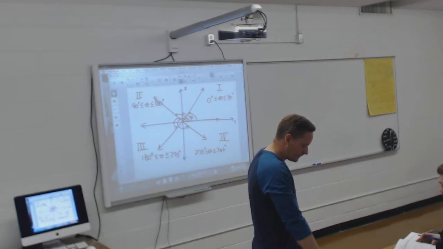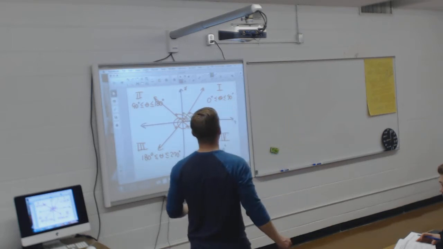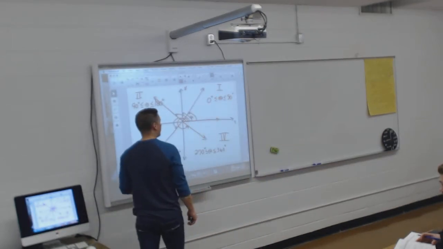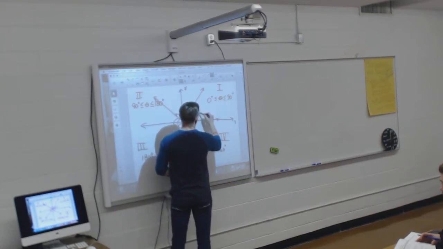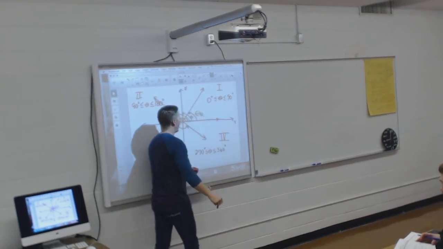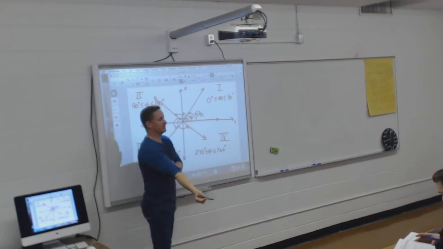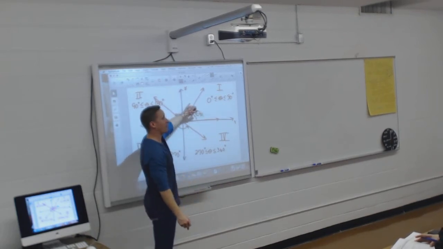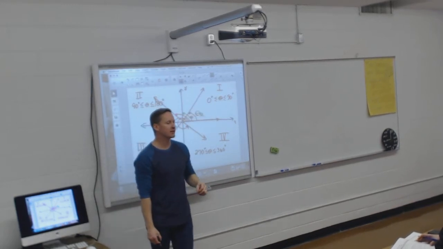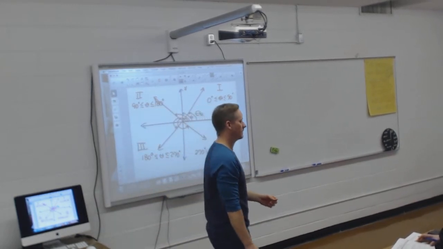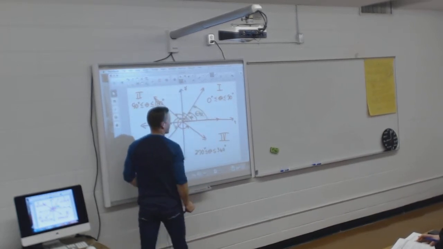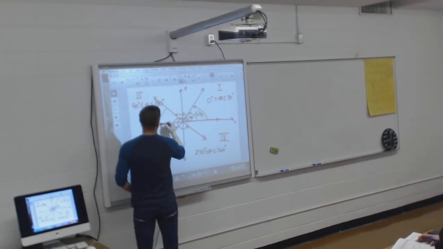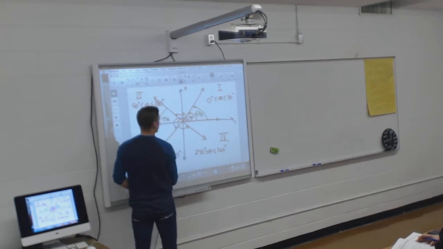Now, the second real important piece of information that you need to know is that the angle that is made to the x-axis, always to the x-axis, is referred to as our reference angle. From here to here is our reference angle. From here to here is our reference angle.